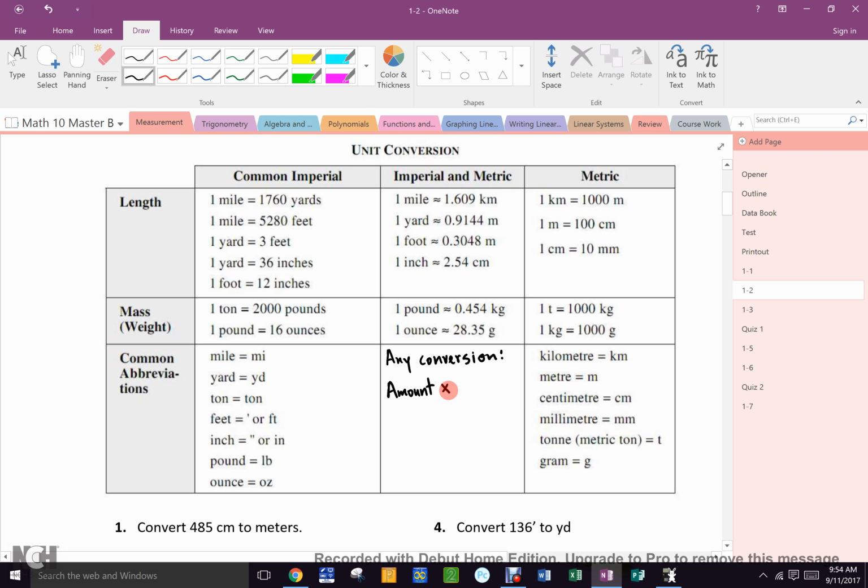The fraction is what you want over what you have. And that gives you your answer.